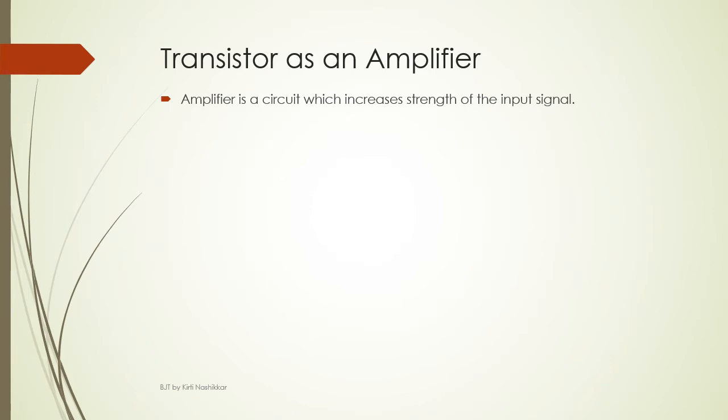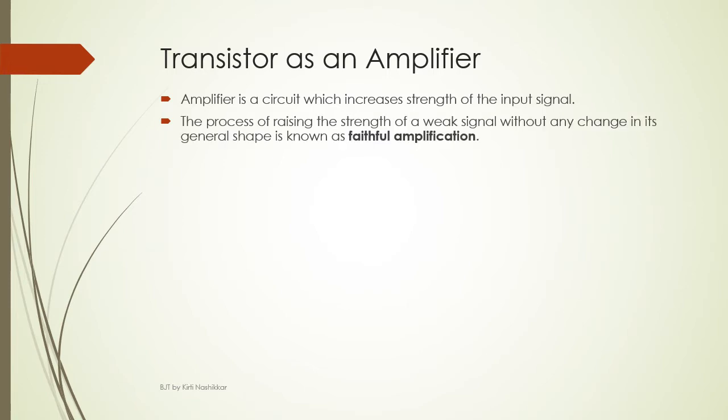Now amplifier is nothing but the circuit which increases the strength of the input signal, and the process of raising the strength of the weak signal without any change in its general shape is known as faithful amplification. The signal which has to be amplified by the amplifier may be AC or DC voltages.